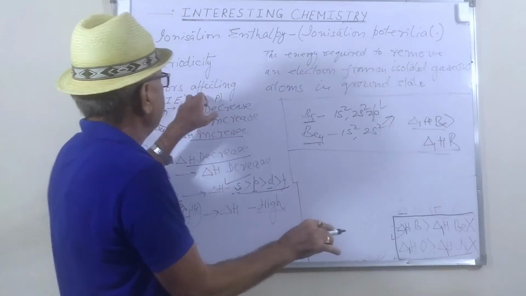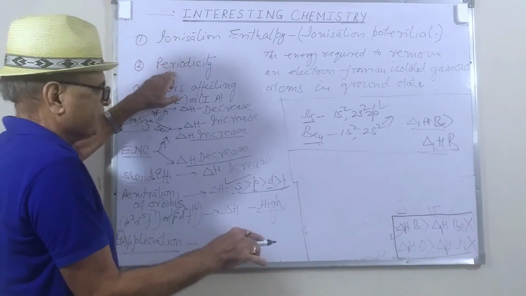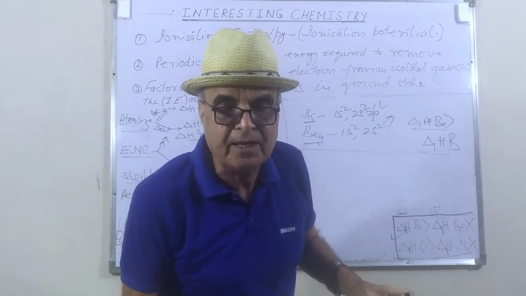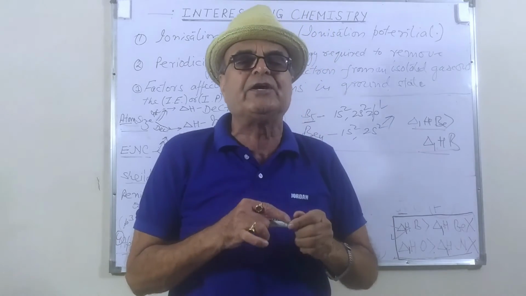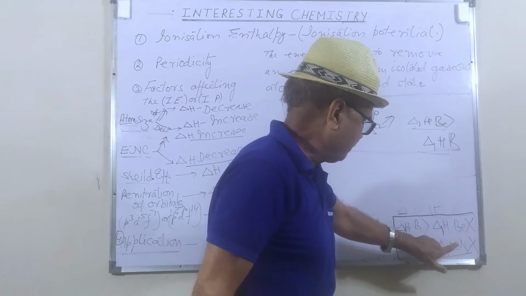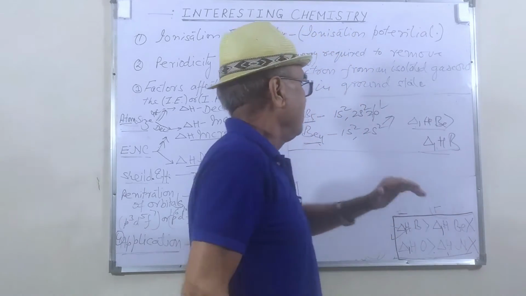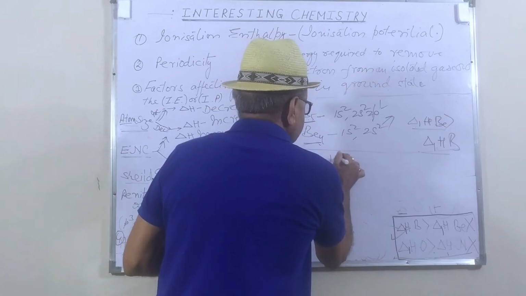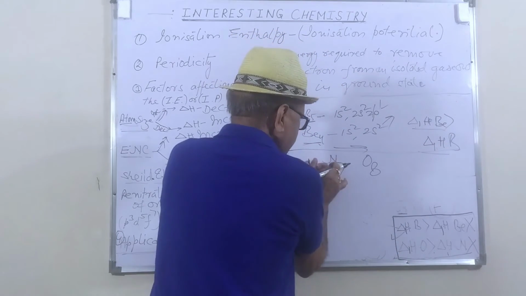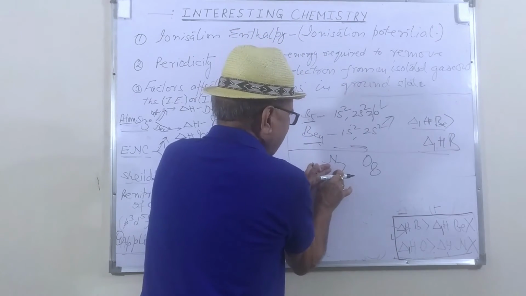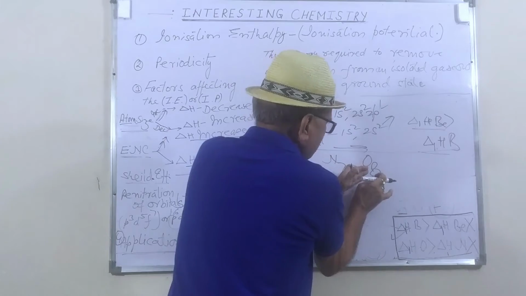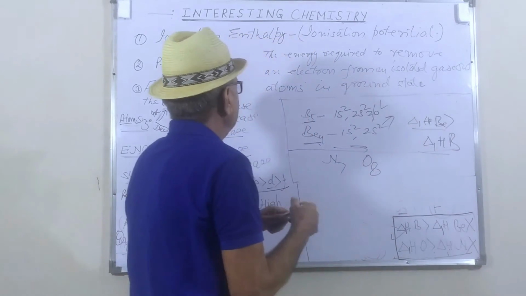According to periodicity, the first ionization enthalpy of oxygen should be greater than that of nitrogen, because nitrogen is number 7 and oxygen is number 8, so enthalpy is increasing. Nitrogen should have lower enthalpy and oxygen higher enthalpy according to periodicity.